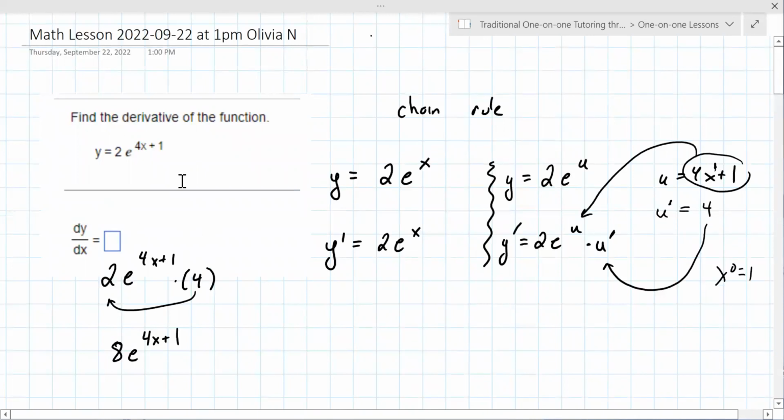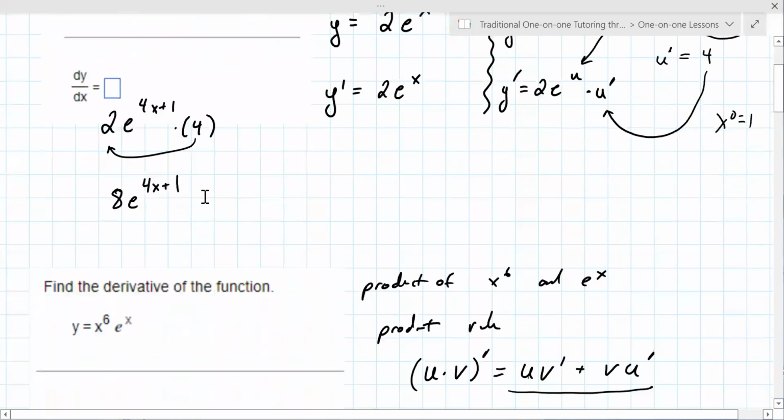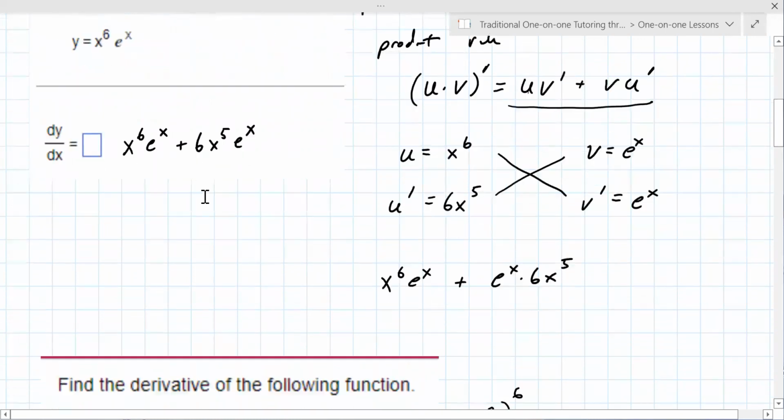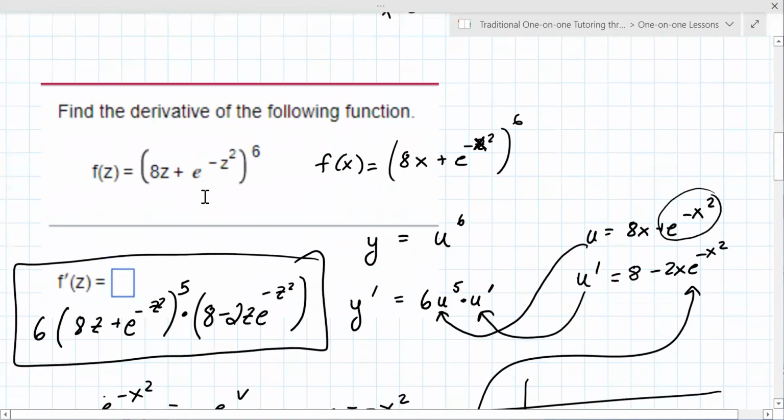This is the first question we worked through. Is that okay? Yeah, that one's 2e to the 4x. Second one's good. Yeah, third is good.